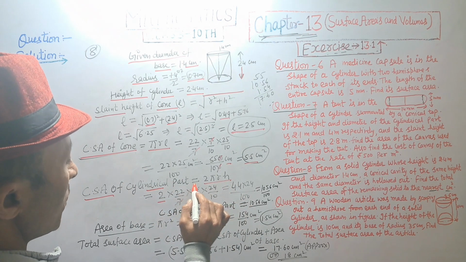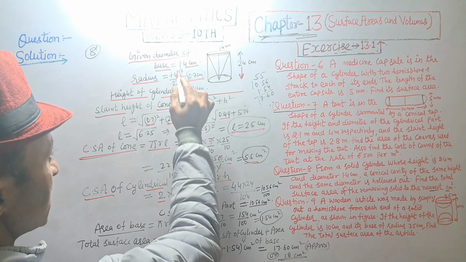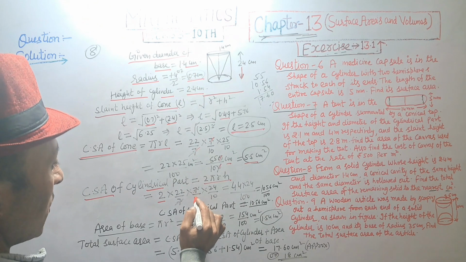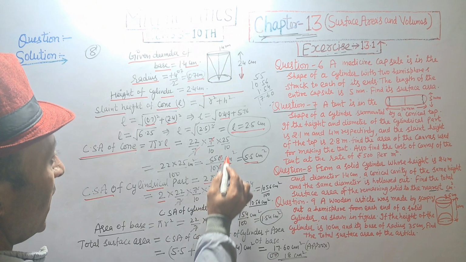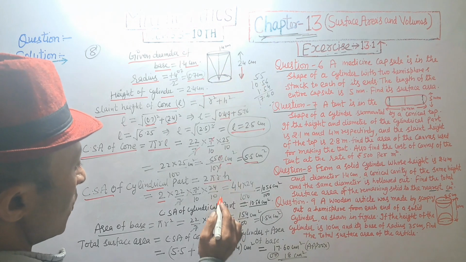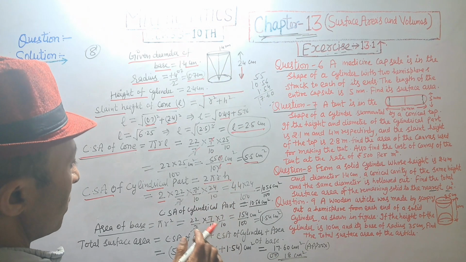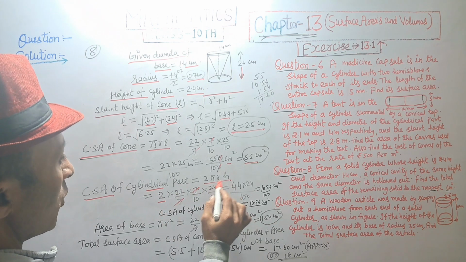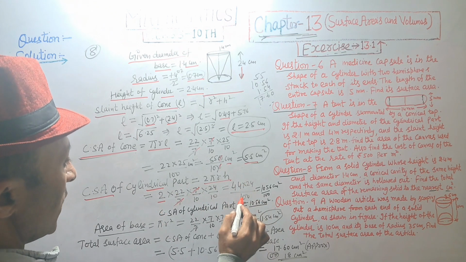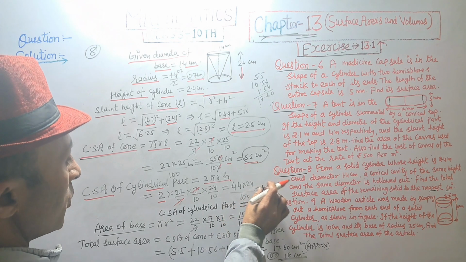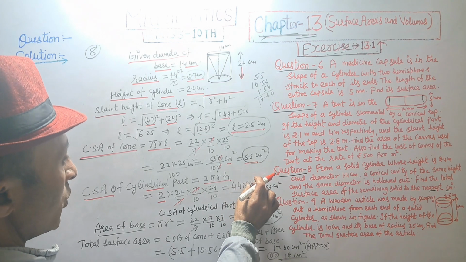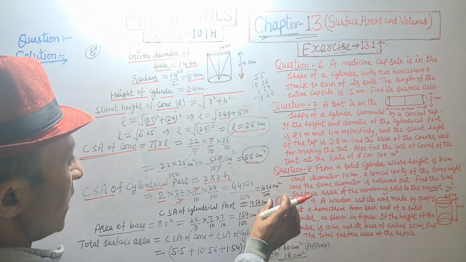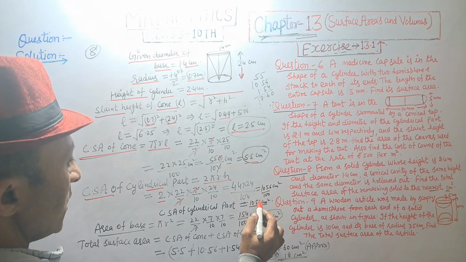2 into 22 upon 7 into radius is 0.7, 7 upon 10 into height is 2.4, 24 upon 10. 7 is cancelled, 22 2s are 44, 44 multiplied by 24 divided by 100, that is equal to 44 into 24 is 1056 divided by 100 centimeter square.